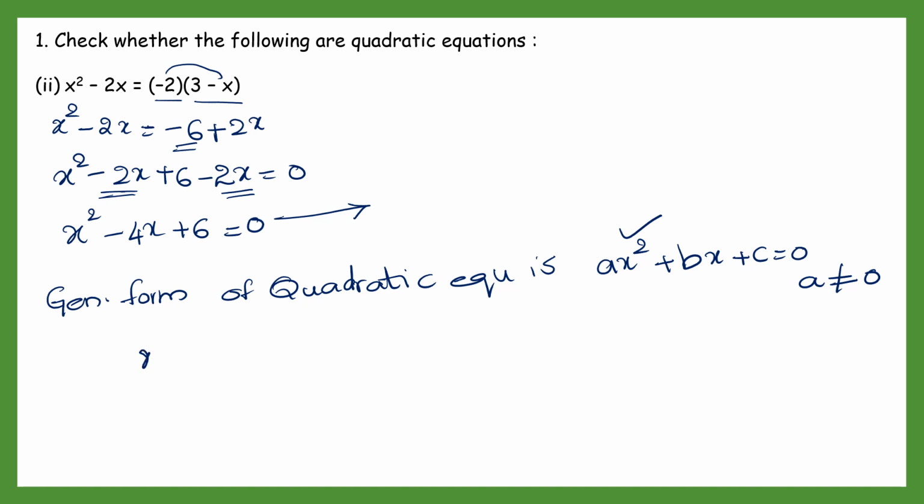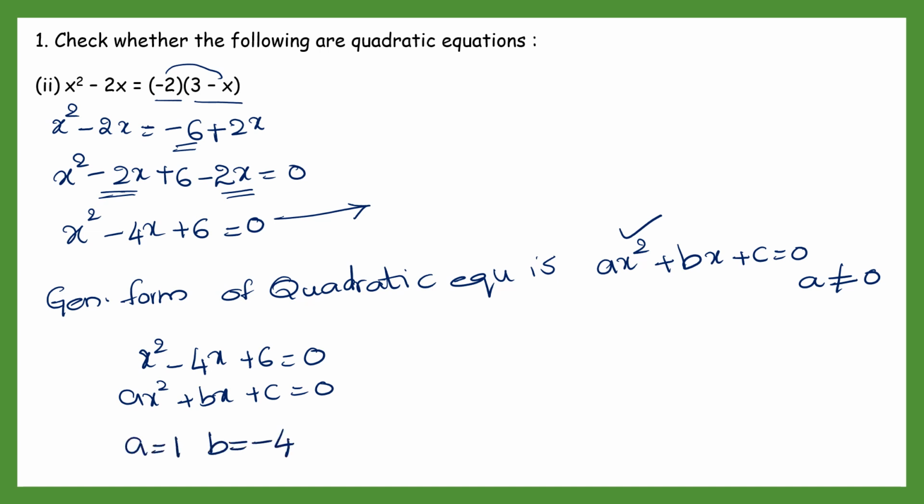You got x square minus 4x plus 6 is equal to 0. Compare with ax square plus bx plus c is equal to 0. You got a is equal to 1, b is equal to minus 4, c is equal to 6. So the given equation is a quadratic equation.